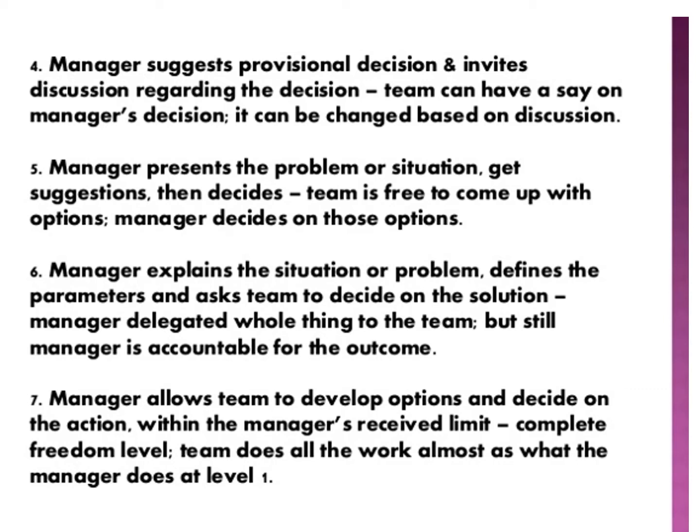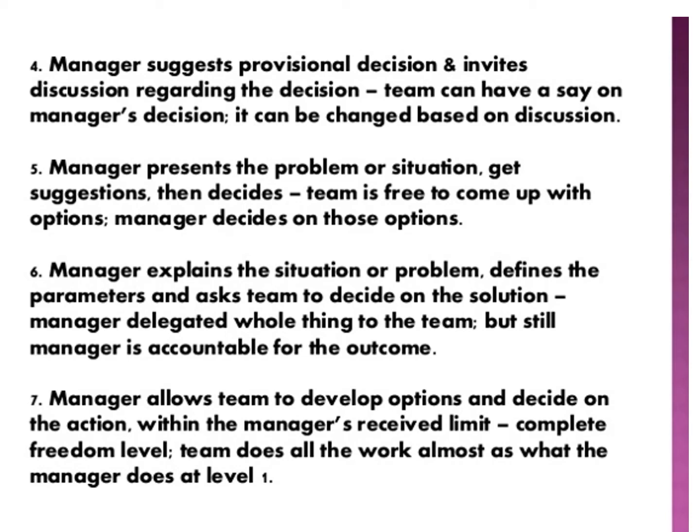However, the manager is still accountable for the outcome. No matter what decision is made by the team, the manager will still be held accountable. So it can be quite a difficult situation and managers don't really want to put themselves in this position.